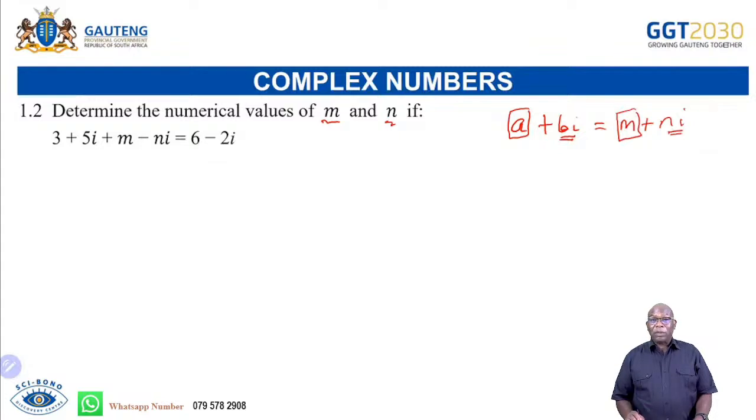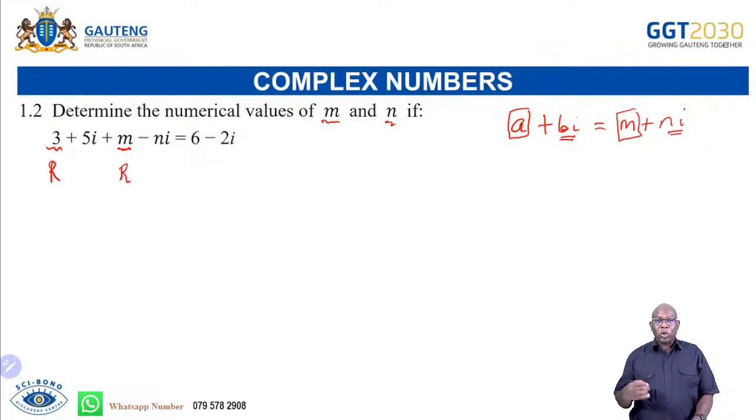So if I've got something like this, then I can work out the value of the real part and the value of the imaginary part. The easy way to do this is to always make sure that you know which one is the real part and which one is the imaginary part. So this one is the real part. The other real part will be that. The real parts do not have an I. So therefore, that will be the real part.